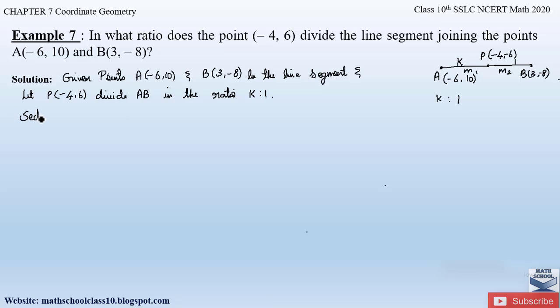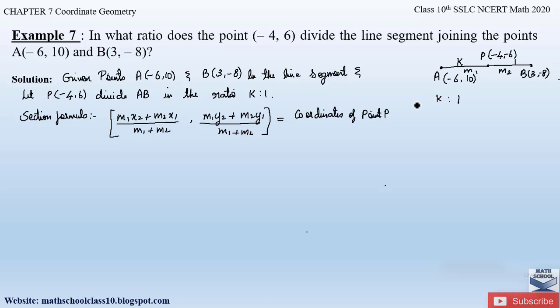Section formula is given by M1 into x2 plus M2 into x1 divided by M1 plus M2, and the y coordinate is given by M1 y2 plus M2 y1 divided by M1 plus M2.